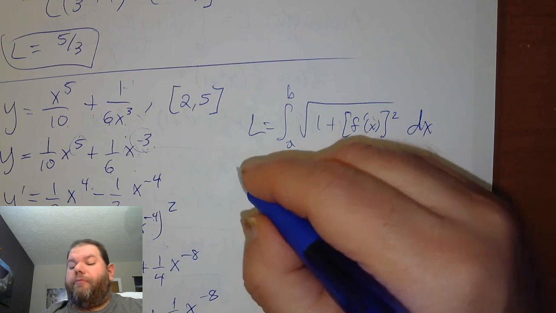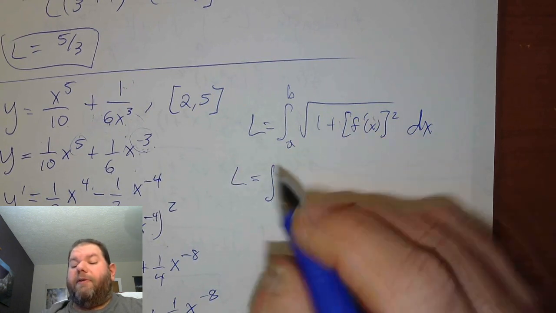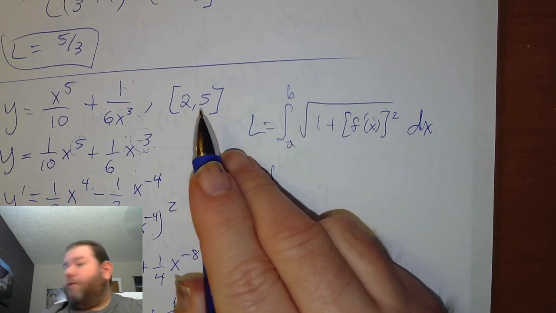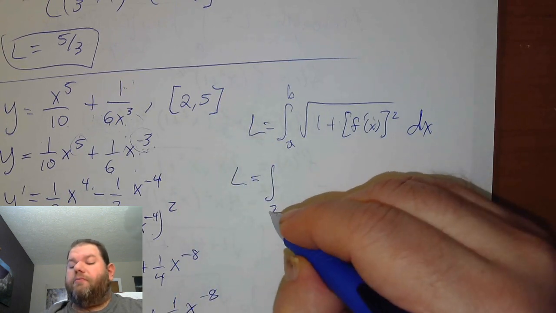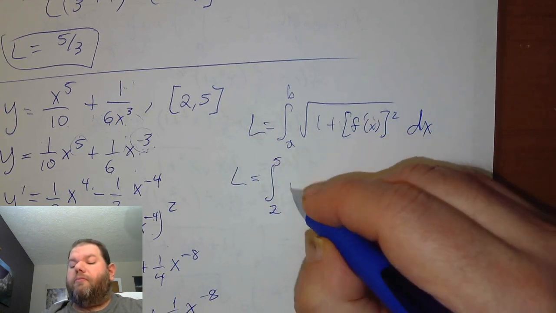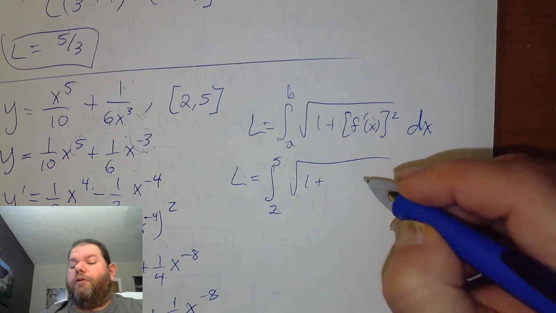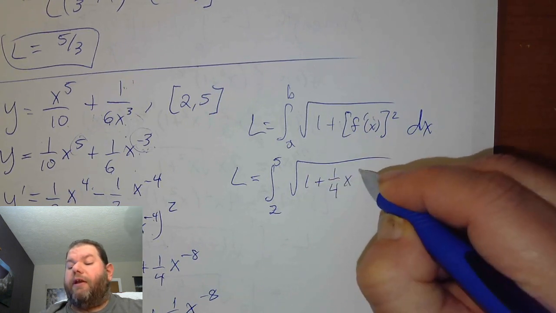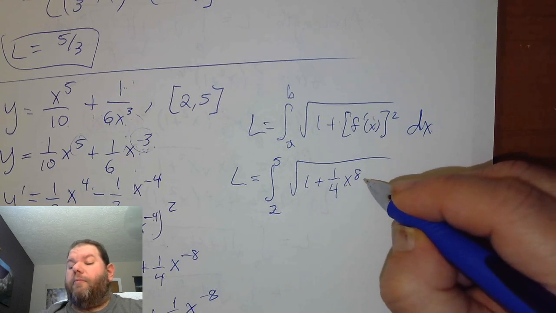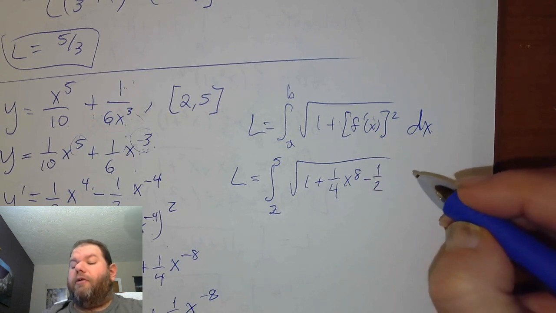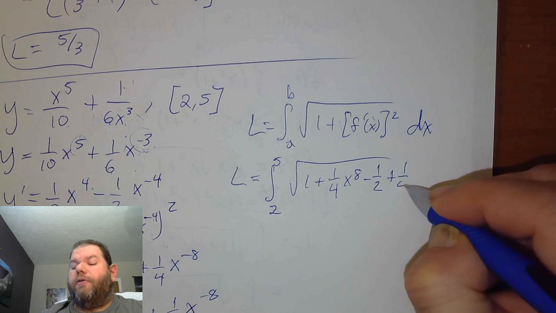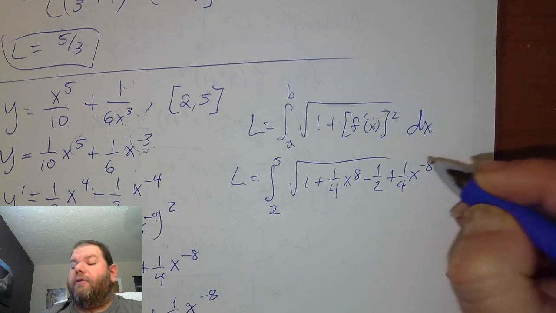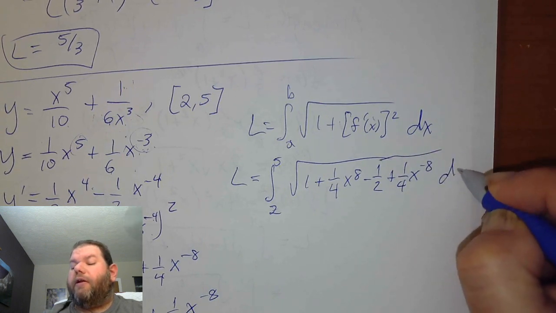Our limits are 2 to 5 as given in the problem. And we end up with 1 plus 1/4 x to the 8 minus 1/2 plus 1/4 x to the negative 8 dx.